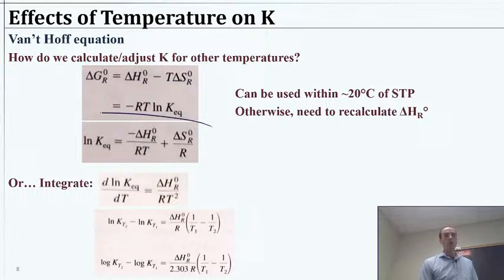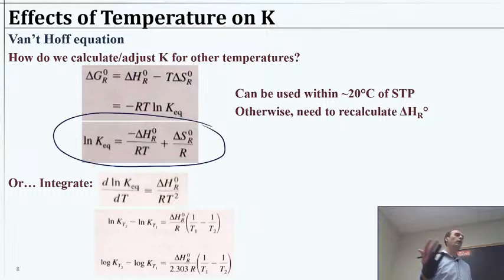Now this equation holds true if we are pretty close to the same temperature. So if we started at 25 Celsius and we go to 40 Celsius, we can do that, no problem. If we make a big change, we can no longer use these standard conditions because those are at 25 Celsius. Right? But it's a good approximation, and we can just use the default values if we are pretty close. So that's the one caveat. We might have to calculate new delta H and new delta S.